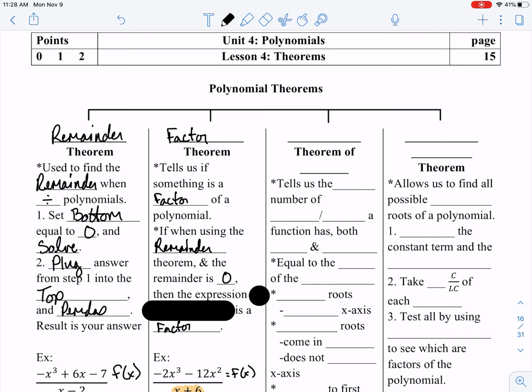The third polynomial theorem is going to be the fundamental theorem of algebra.